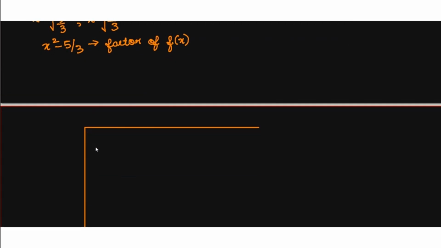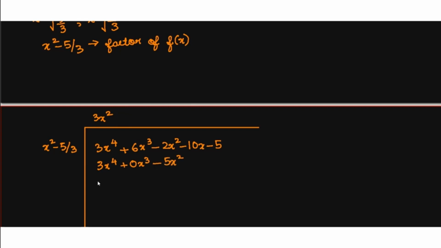So f of x is 3x power 4 plus 6x cube minus 2x square minus 10x minus 5, dividing it by x square minus 5 by 3. When I put 3x square, we have 3x power 4 plus 0x cube minus 5x square.